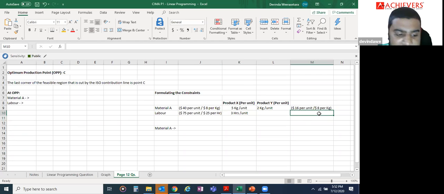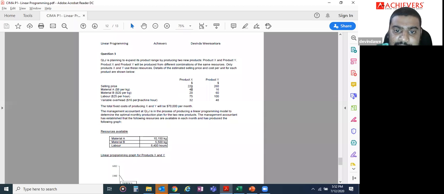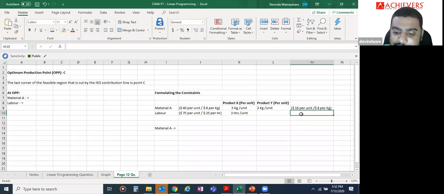Similarly, product Y: the labor cost is $100 and each hour costs me $25. So if 1 hour is $25, how many hours have I used for the cost to be 100? 4 hours, right?